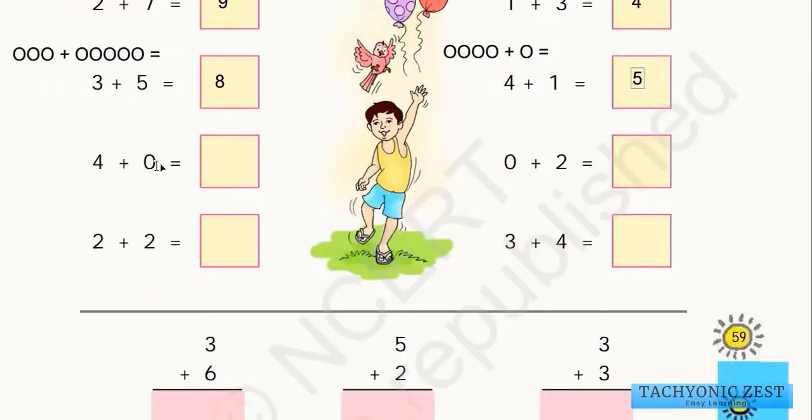Next is 4 plus 0. At first we have to draw 4 balls here: 1, 2, 3, 4. Plus how many balls do we have to draw? We have to draw 0 balls. 0 balls means we don't have to draw anything. So what is the total number of balls here?